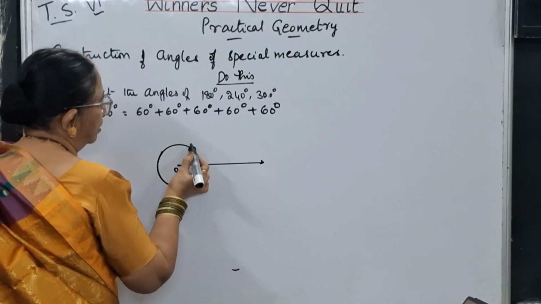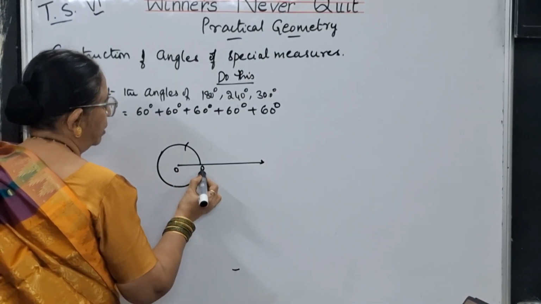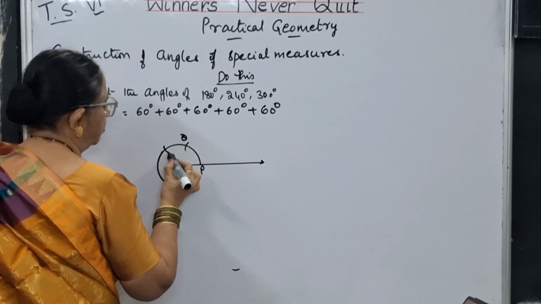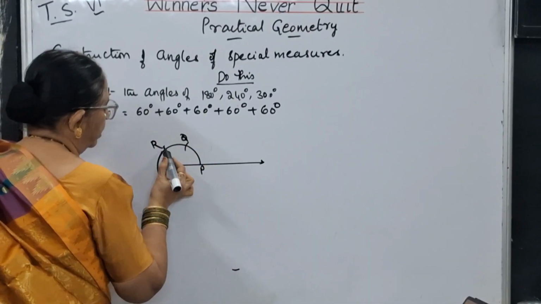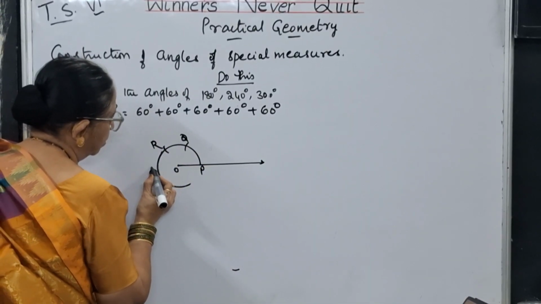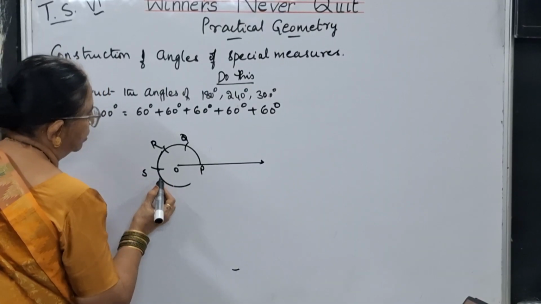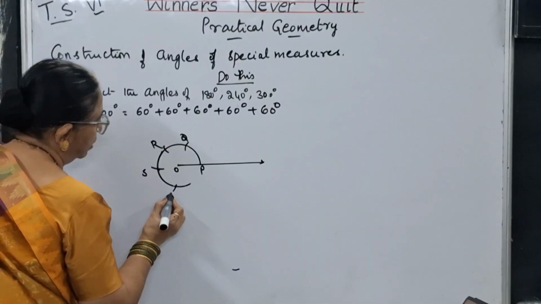With this center you will be getting one arc here. This is P, this is Q. With the same radius, another arc you will be drawing here. That is R. Again with R as center, another arc here, that is S. Again with S as center, another arc as here, T.